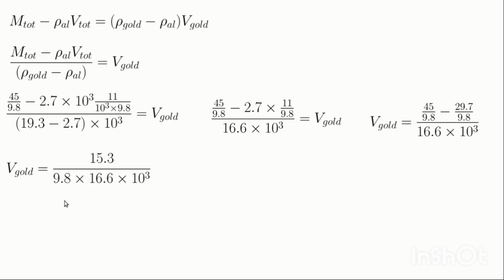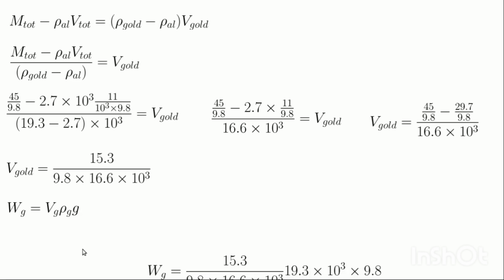But what we now need is the weight of gold. The weight of gold will be equal to the volume of gold, which is this one, times density of gold times g. If we substitute all these into this, and we already know the density of gold, 19.3 times 10 raised to 3, and we know g, we can easily calculate the weight of gold.